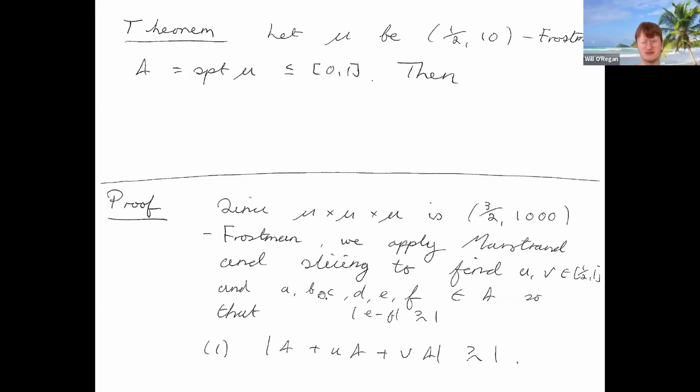And then we can find a sextuple in A with E minus F separated, so that first of all, this is projecting to the line spanned by 1, U and V. This is a projection of A cubed to the span of 1, U and V. So this is just by Marstrand.